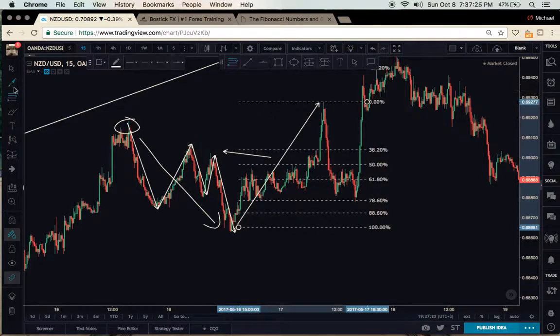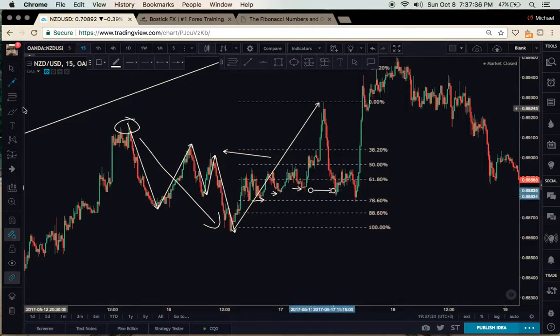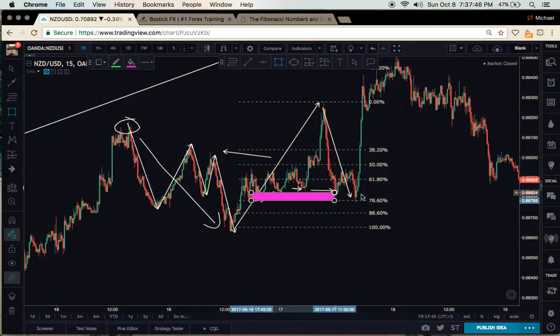We got some structure down here, we got this level here, this level here, this level here. So price came down and reversed off our 78.6 level, which was in the same area as all these rejections here, right? And then price started moving up.